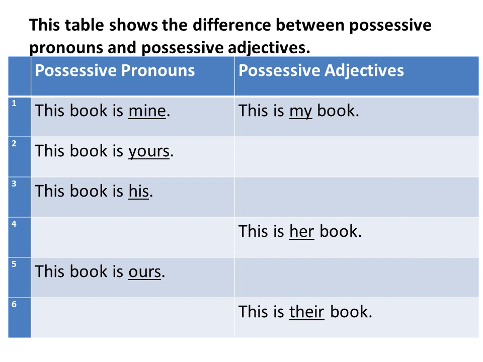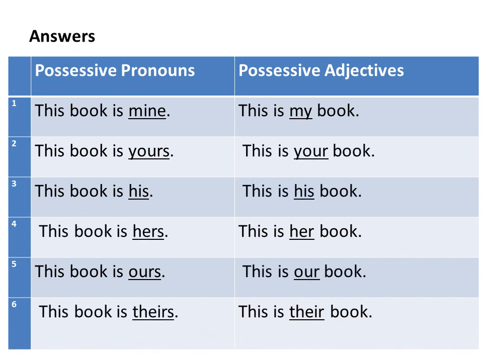Again, do not forget that possessive adjectives are placed before the nouns they describe. Let's look at the answers. This book is mine, and the possessive adjective is, this is my book. This book is yours, this is your book.